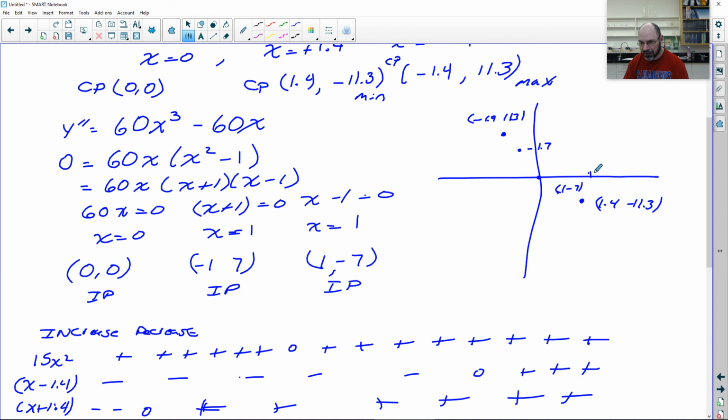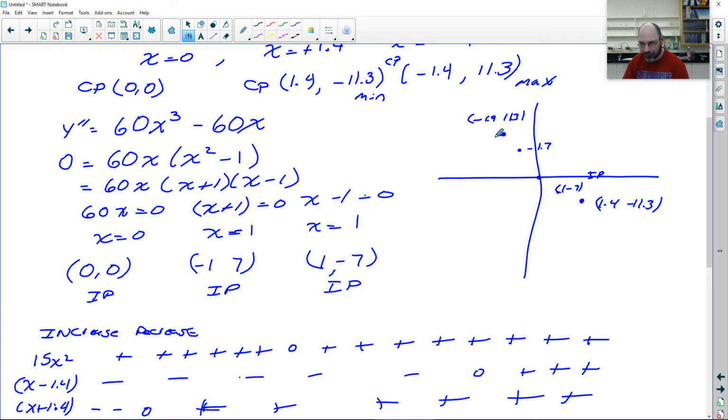So this is an IP. That means it's going to change from concave down to concave up, concave down to concave up. And then here it's changing as well. So this is an IP as well.